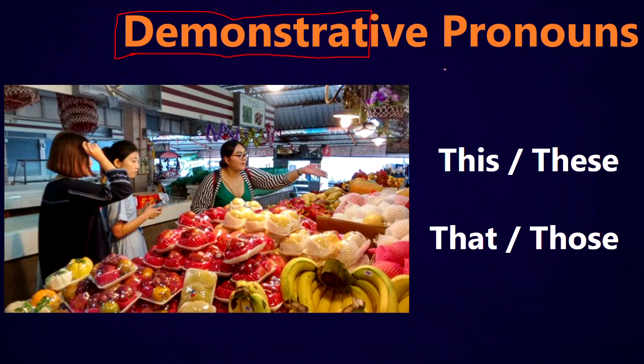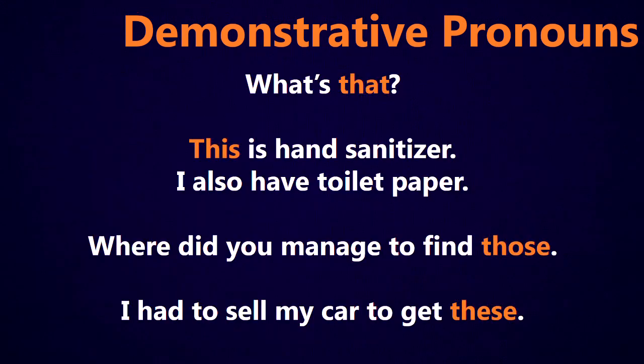So a demonstrative pronoun is basically like a pronoun that's pointing at something. So the demonstrative pronouns are this, these, that, and those. For example, what's that? So here, that means that thing. So I could say, what's that thing?